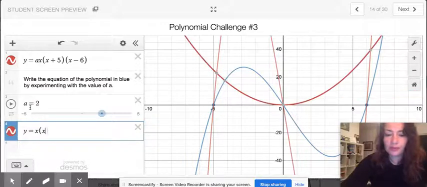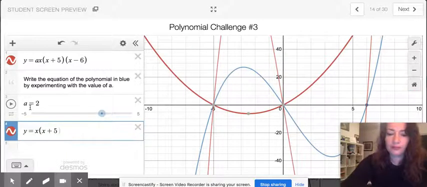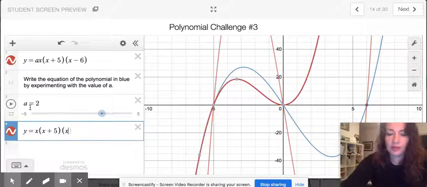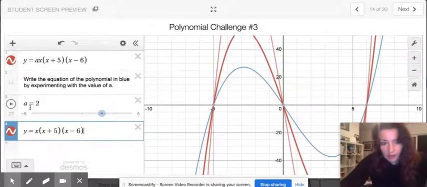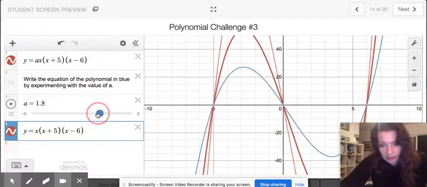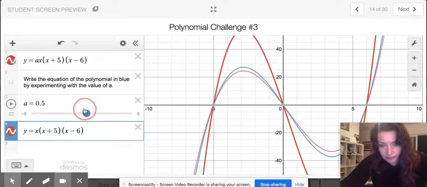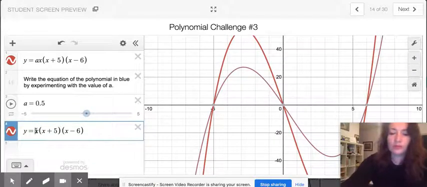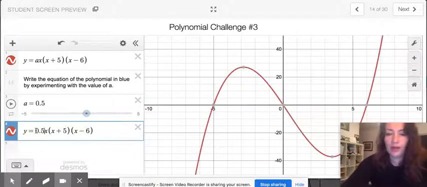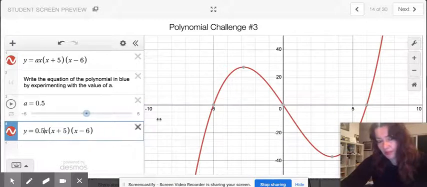So x times (x plus 5) times (x minus 6). And let's see what this a value could be. So let's slide it. And it looks like it is 0.5. So 0.5, and we have matched the graph.